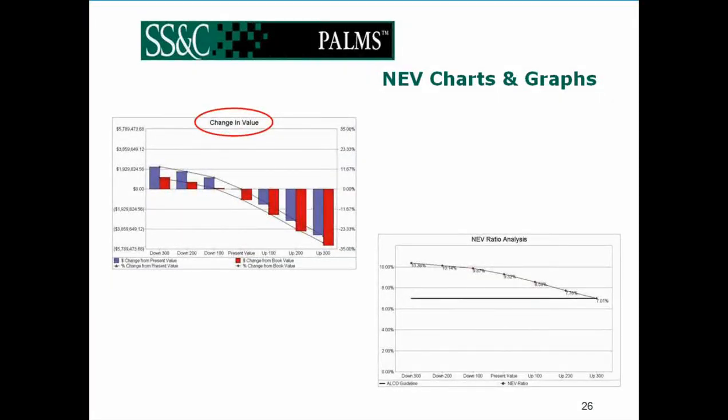The NEV charts and graphs can be depicted in light of these particular charts, both in change in value and also NEV ratio analysis. These offer very optical, helpful tools in order to spot any trends or patterns in the marketplace or for the financial institution, and can act very well as an indicator of potential troubles.